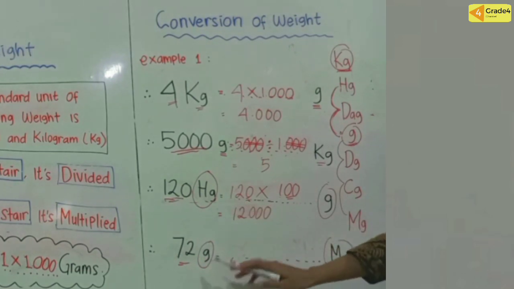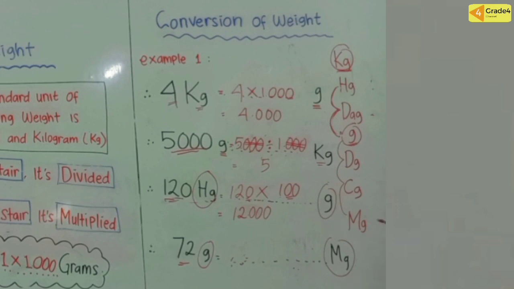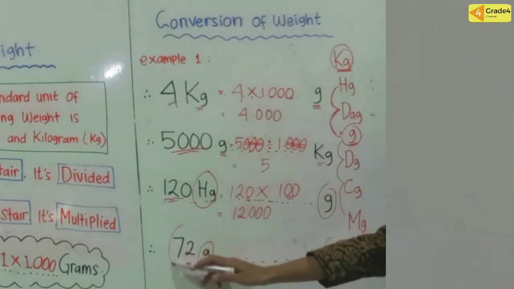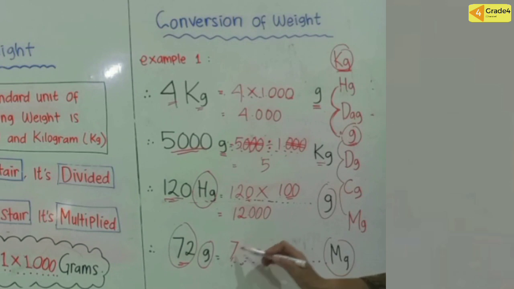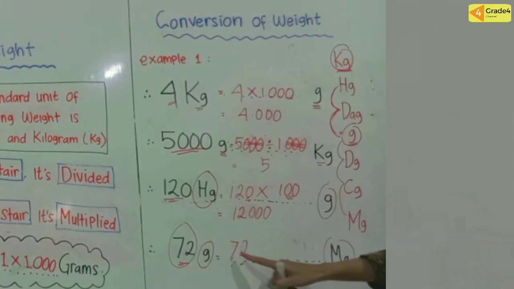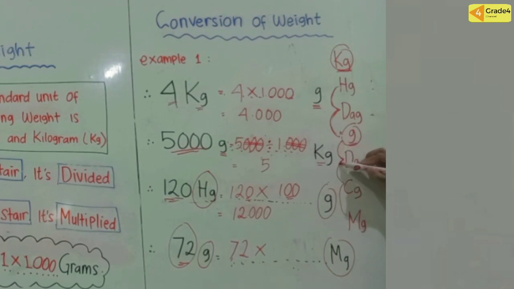72 grams is equal to how many milligrams? The first step is we write down the value 72, and then we look at the stairs: grams to milligrams, that is downstairs. So we use multiply. How many steps? Grams to milligrams is 3 steps.